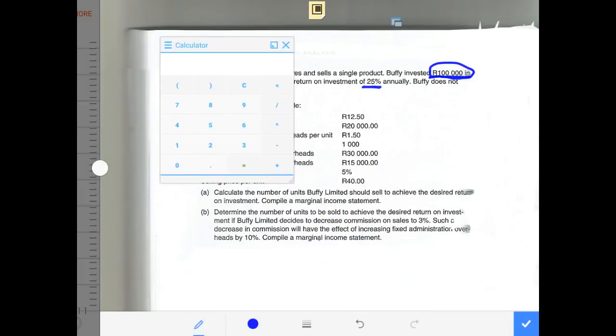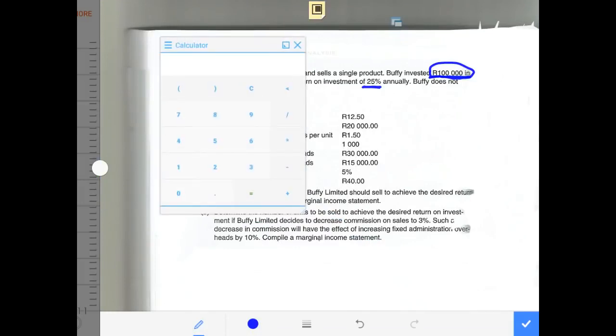Sometimes they call that the desired return on the investment, meaning the amount that the owner wants to get out of what he has invested.